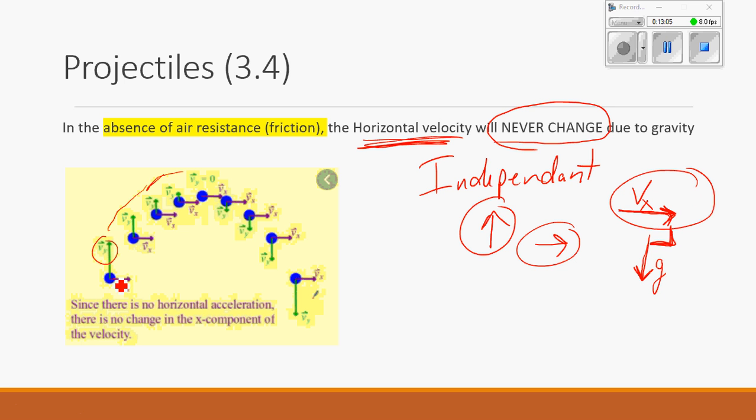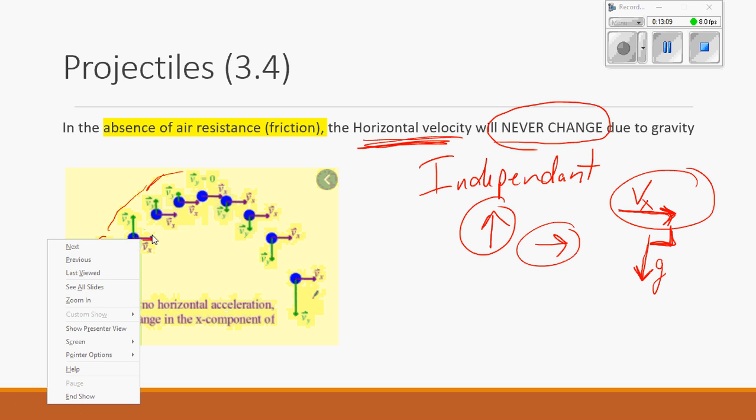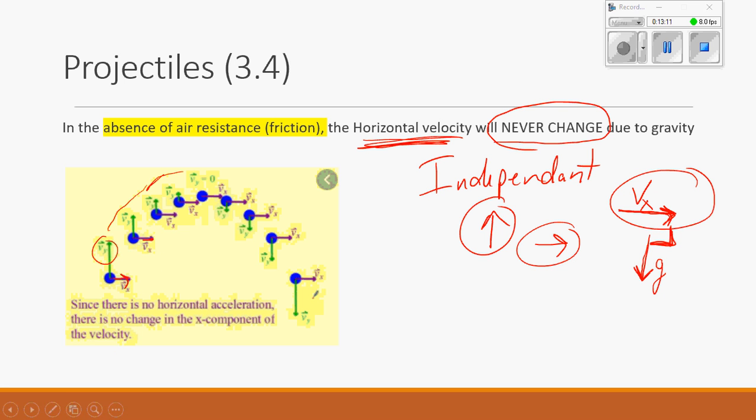And this picture shows that. Does it look to you like this velocity is changing? Well, it shouldn't, unless the artist made a mistake. But all these velocity vectors are displaying the same size of the vector, which means it's the same number.